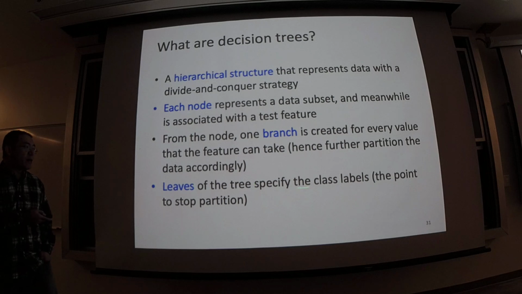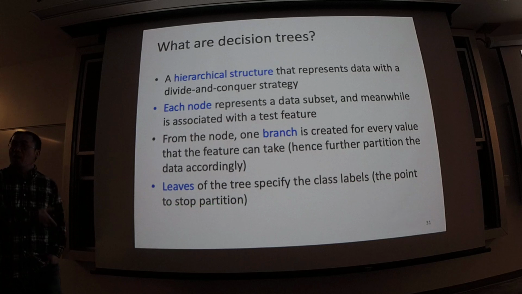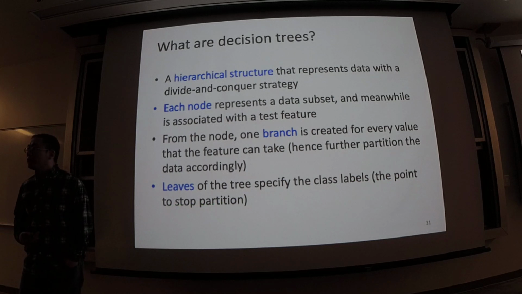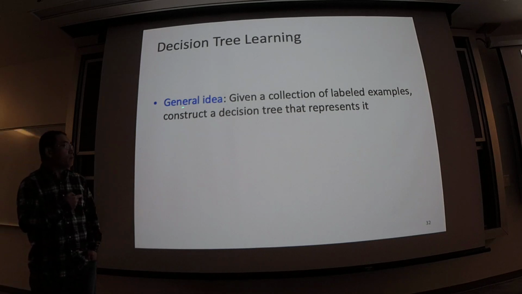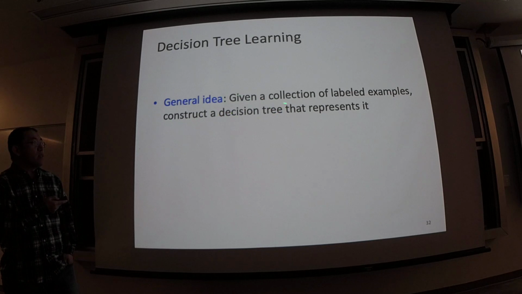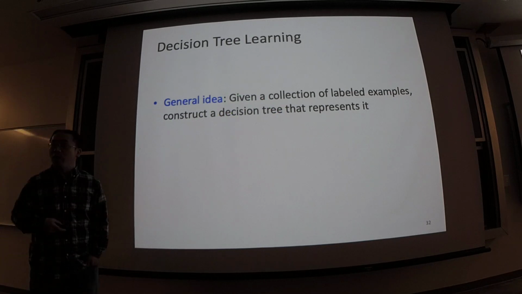The leaves of the tree specify the class labels. Those are also the points where we stop partitioning the data. The general idea of decision tree learning is to construct a decision tree that represents the given collection of labeled training data.